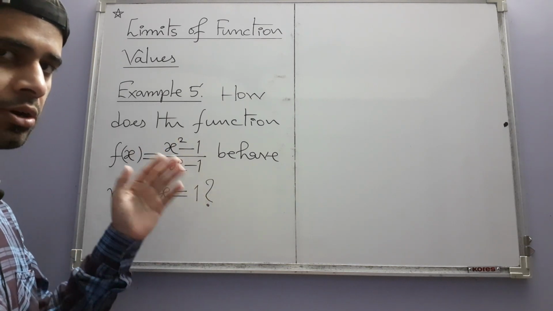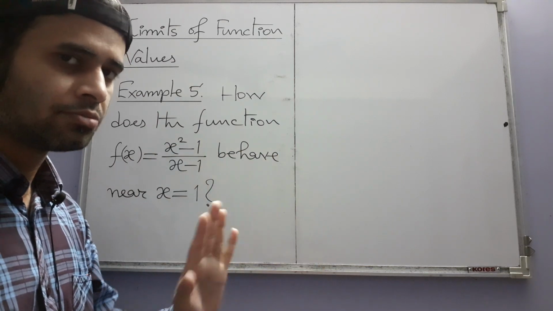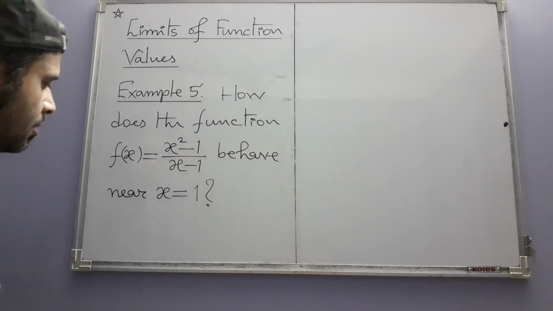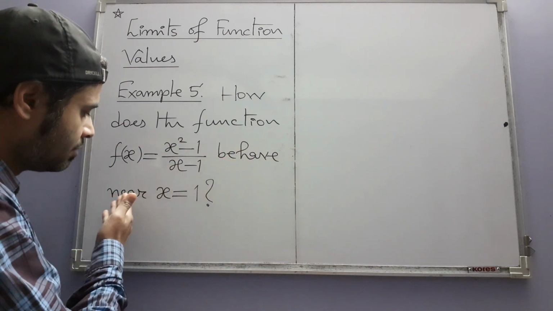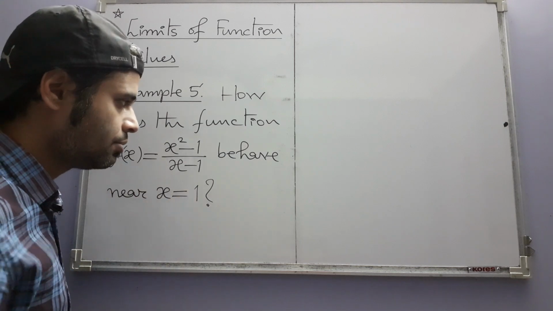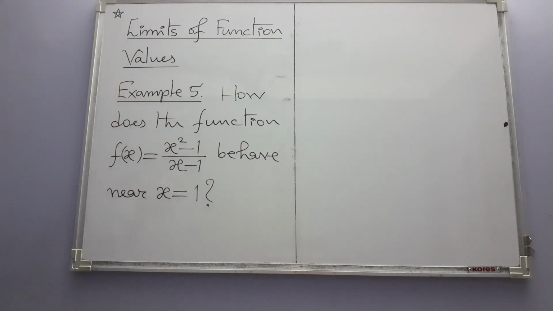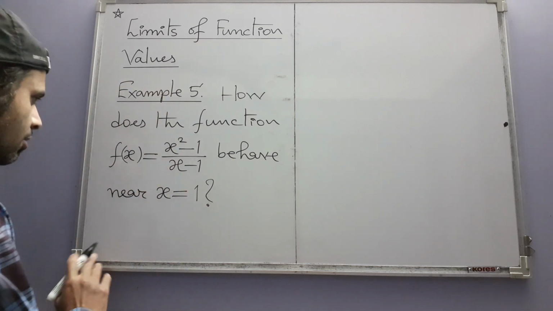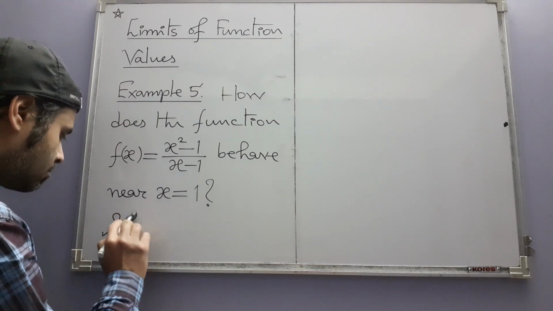Division by 0 is not allowed within the system of real numbers where we are right now. But we can of course ask how the function behaves near x equal to 1. Okay, so let us start the solution, because it has been asked as an exercise, a problem.